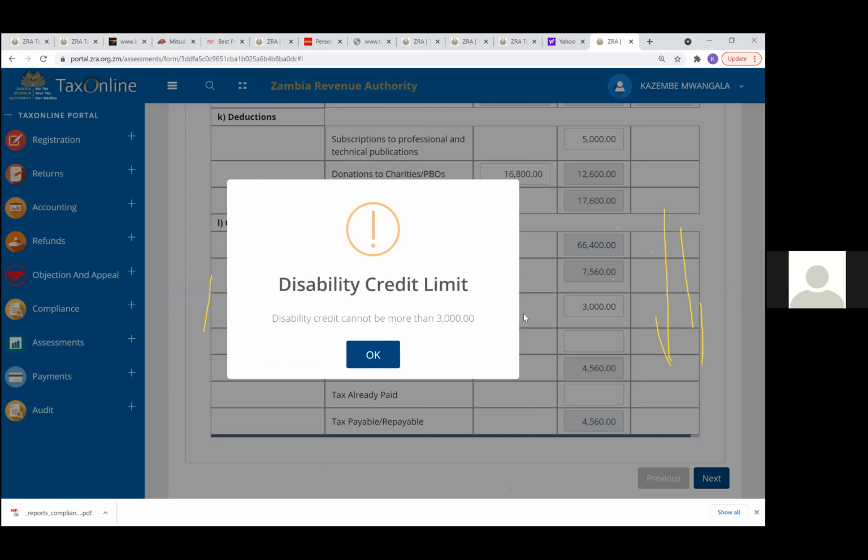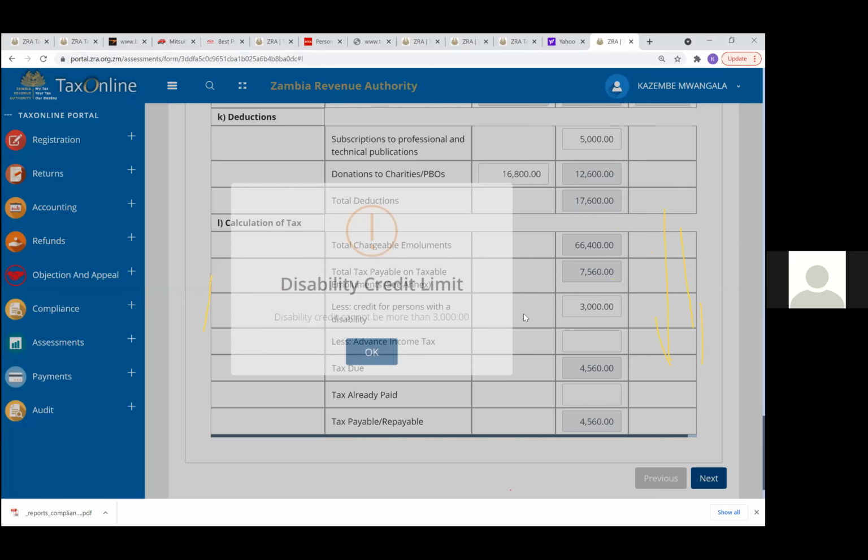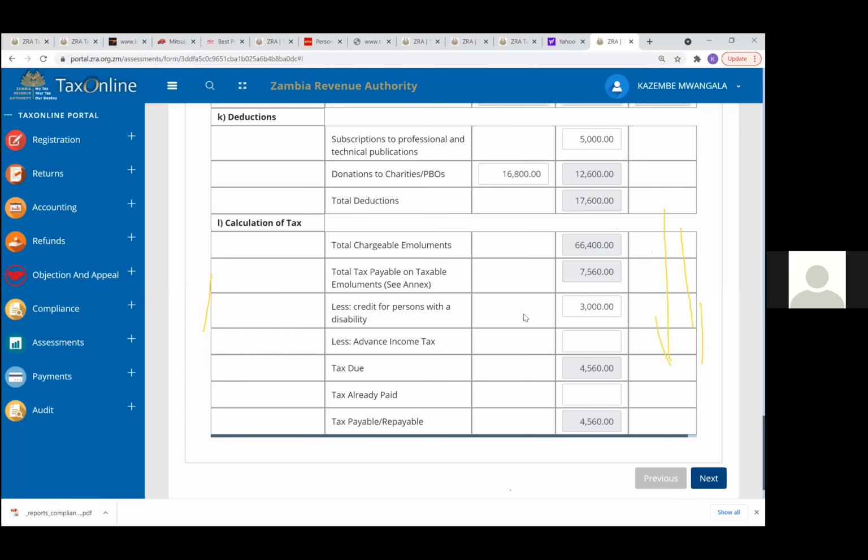So it will limit it to 3,000. So if you paid AIT of 10,000 and then on tax already paid, you've got 13,560, the refund that will be due to you will be 16,000. That will be the refund that will be due to you.